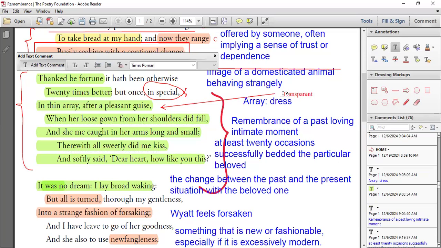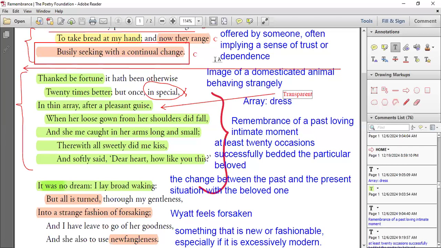Why did she wear a transparent costume? Because she wanted to get the attention of Sir Thomas Wyatt. She was exposing herself completely, and she came in a thin array after a pleasant guise. She was initially disguising herself till she came to the room of Sir Thomas Wyatt. And once she came inside, she removed her disguise and she presented her thin costume, her body.